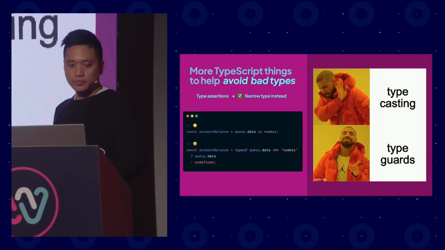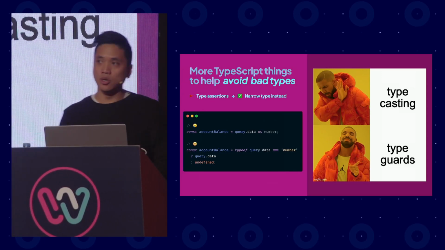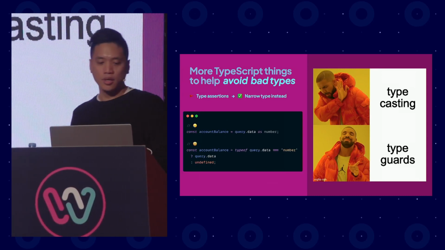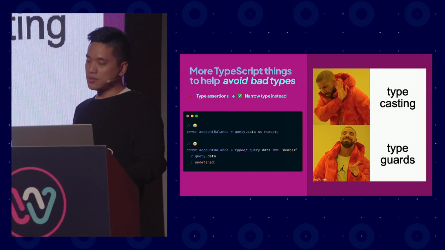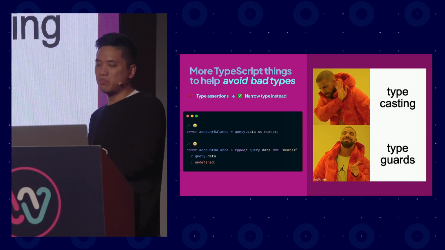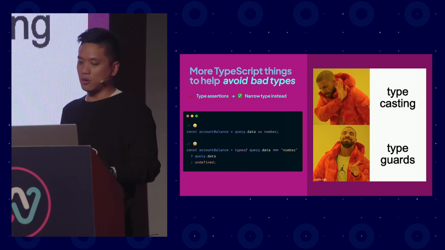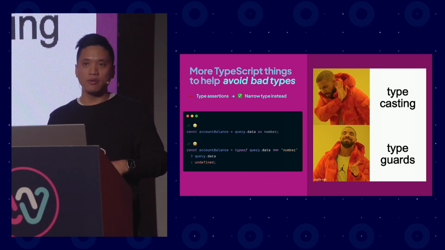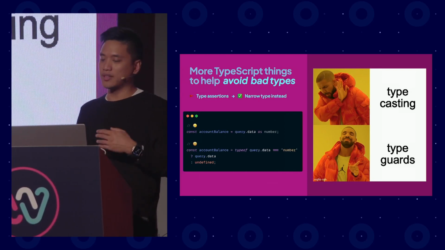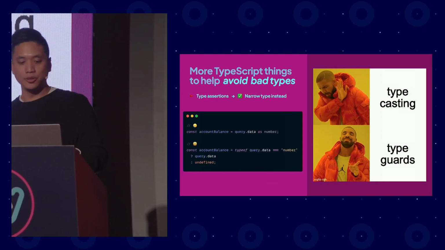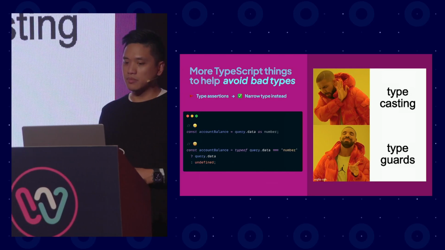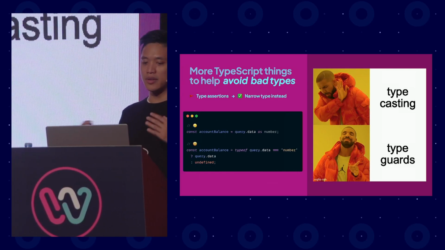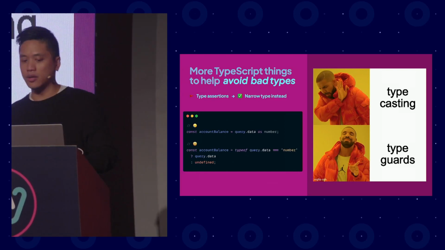Another thing is type assertions, also known as typecasting, which are generally considered to be bad for the following reasons. They can lead easily to runtime errors, as they don't actually check the type of a value at runtime. They can also make the code much less self-documenting, as they don't provide explicit information about the type of the value, and they can make the code much harder to maintain and update, as they introduce inconsistencies and errors that are not caught by the compiler.